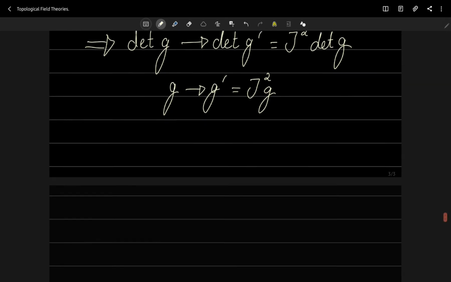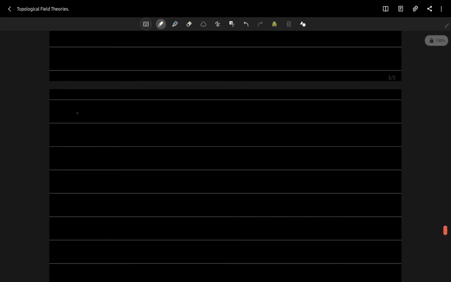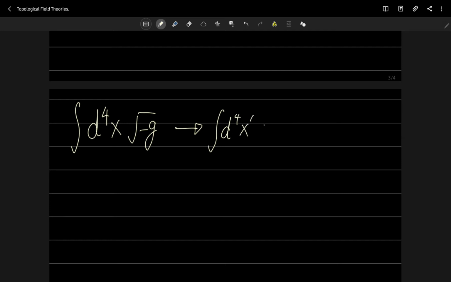Okay, so from all of this, finally, we can say that the integral d4x times square root of negative g transforms as the integral of d4x prime times square root of negative g prime, which is equal to 1 over j d4x, and I forgot the integral sign, so there is an integral, times square root of j squared g, and I forgot a negative sign over here.